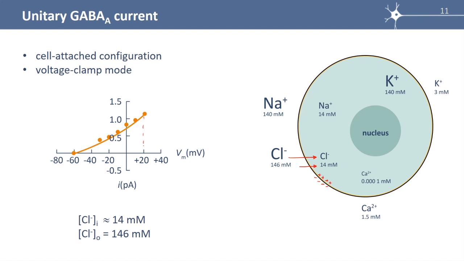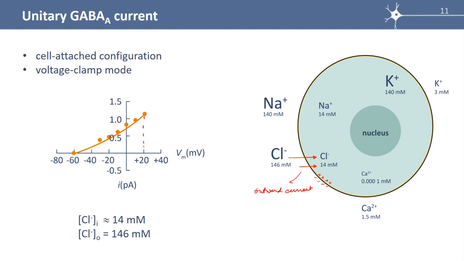Negatively charged ions are attracted by positive charges of the inner side of the membrane. So the net flux is an entry of chloride ions. An entry of chloride ions is an outward current of plus charges. And it's exactly what we record. So it seems that our hypothesis that chloride ions are involved, and maybe the only ions involved, is possible.